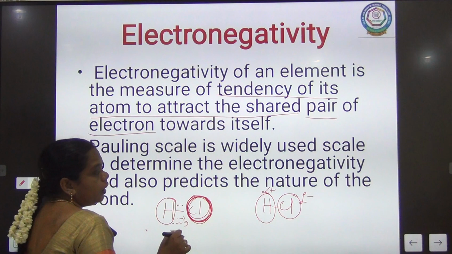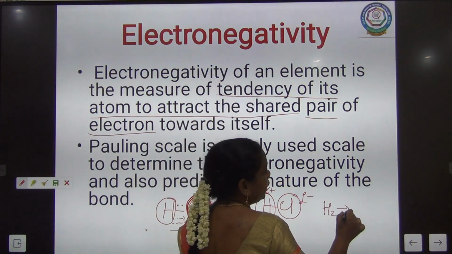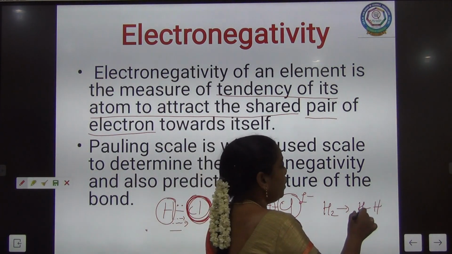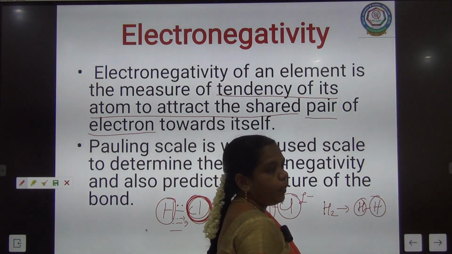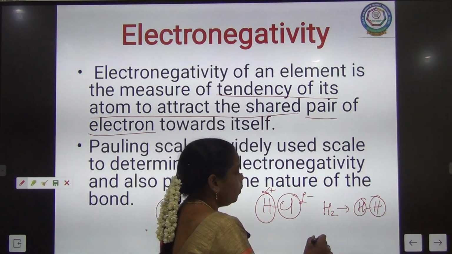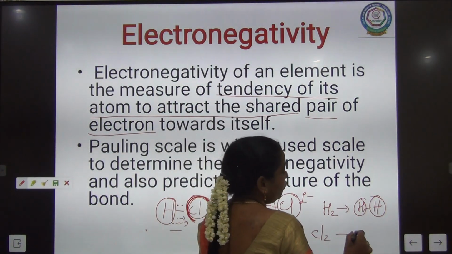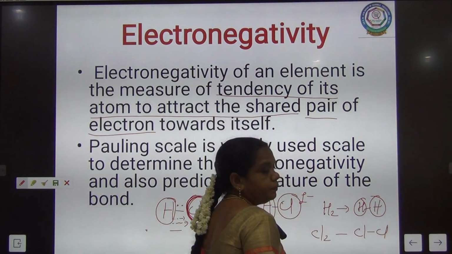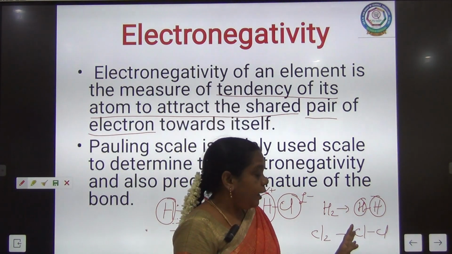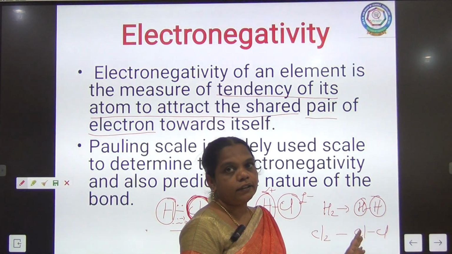For a homodiatomic molecule, like the hydrogen molecule formed by two hydrogen atoms, both are equally electronegative, so no charge is created and no polar ends form. The chlorine molecule is also formed between chlorine atoms with the same electronegativity, so there is no formation of partial charges.